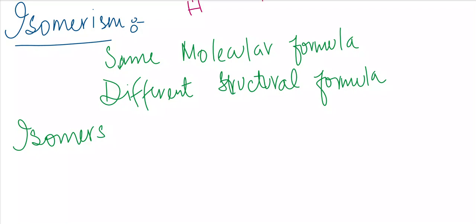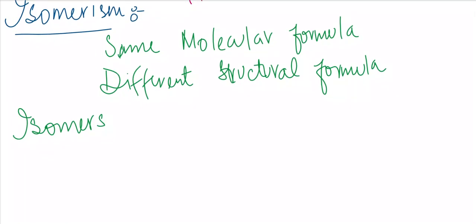So the system of naming compounds also emphasizes the importance of molecular structure. Molecules with the same molecular formula can also have different structures, like for example we can see here the structural isomerism in butane. Butane is the fourth member of the alkane family, so it has 4 carbon atoms and 10 hydrogen atoms.